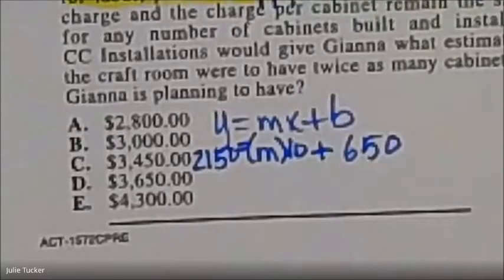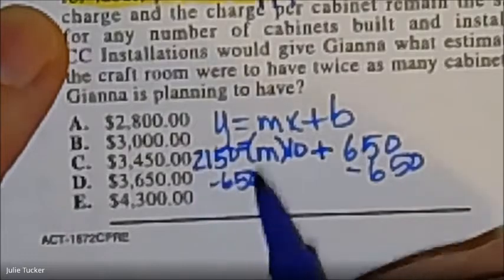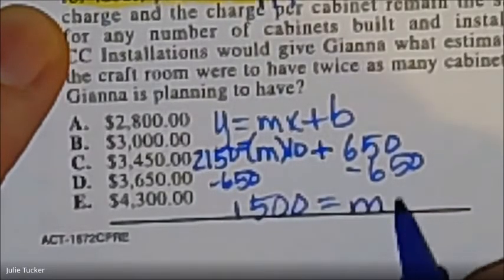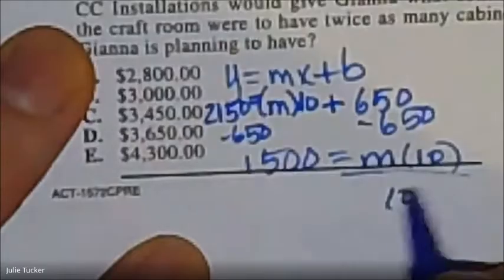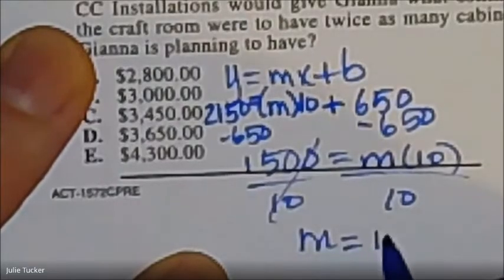Now I have to solve this. So to isolate the M, what do I have to do? Move the 650? Yeah, good. So when I do 2150 minus 650, I have 1500 equals m times 10. Good. So then I get m equals 150.